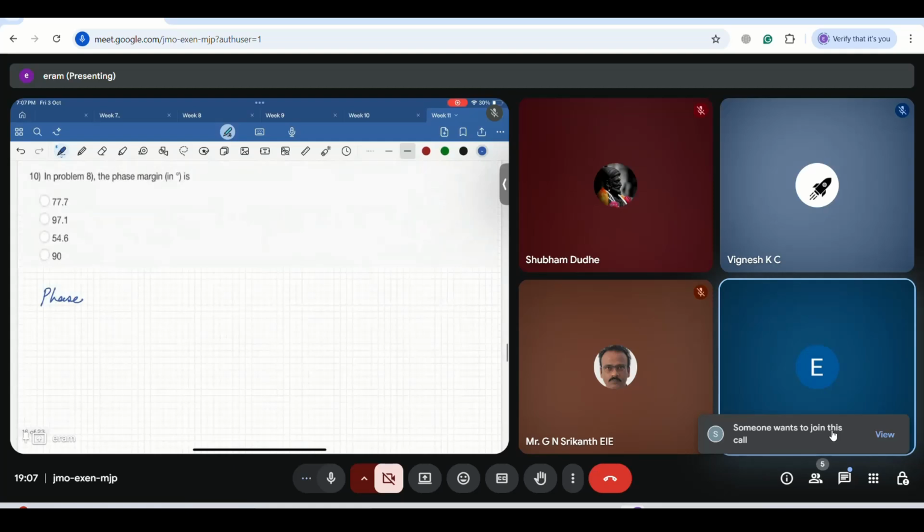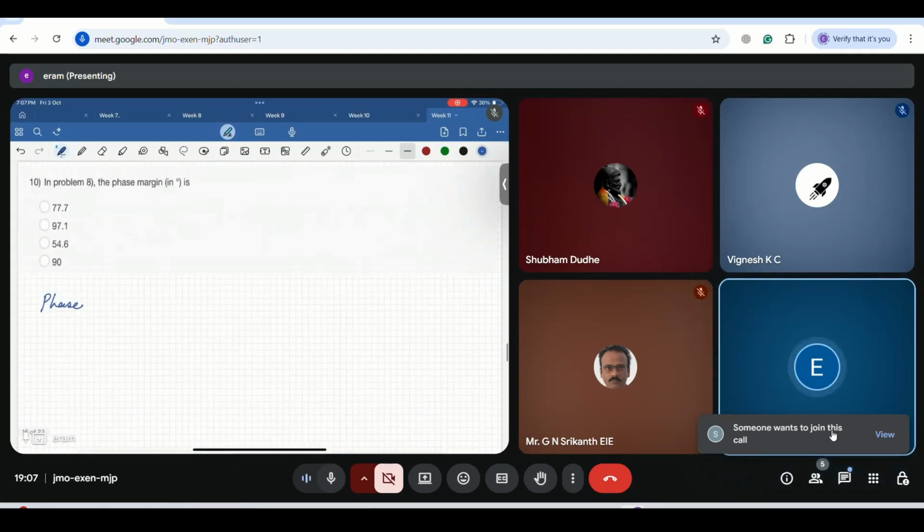Okay, so we were at phase margin. How is phase margin defined? What is the point of instability? The point of instability represents the phase of minus 180 degrees.